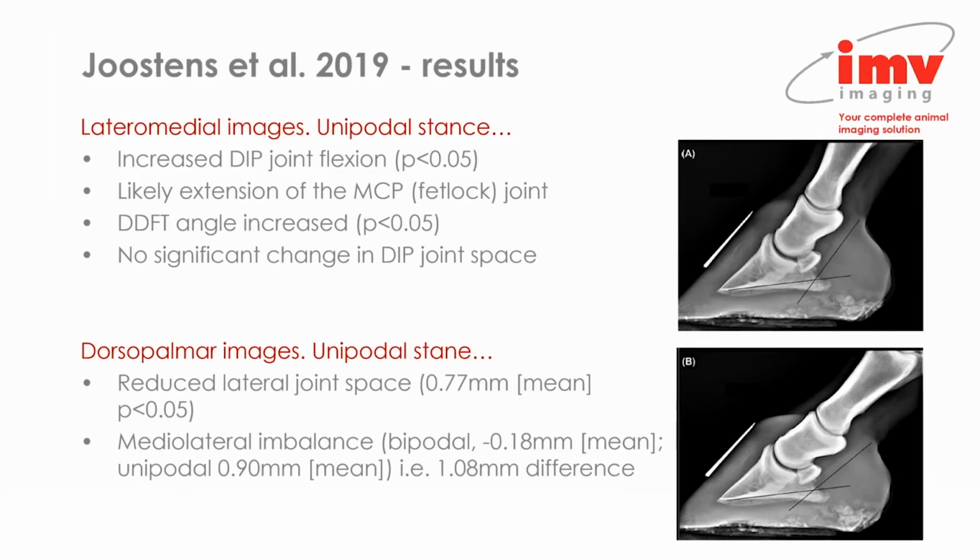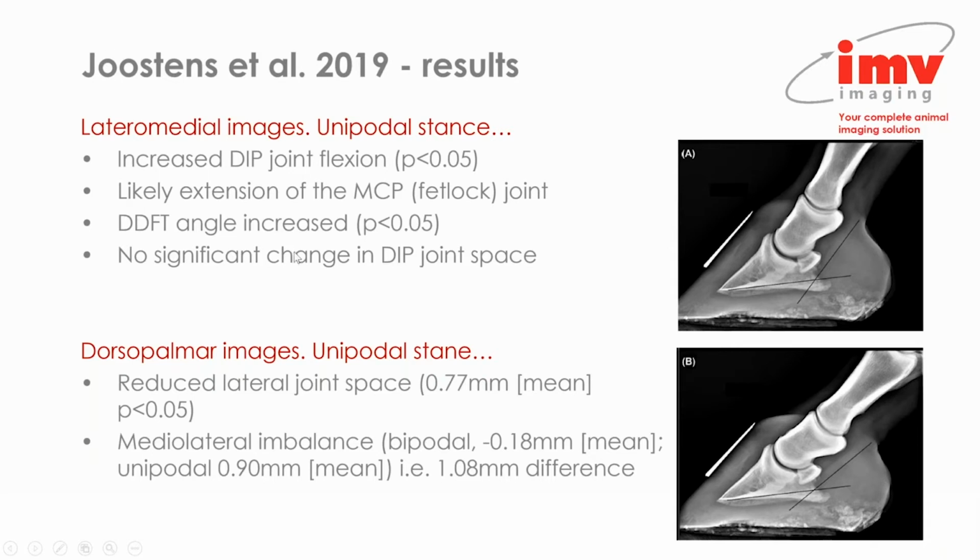So when evaluating lateral medial images, in comparison with a bipodal stance, having a horse with a unipodal stance, or the limb raised, led to a significant increase in joint flexion of the distal interphalangeal joint and a significant increase in the deep digital flexor tendon angle, which is the angle that the deep digital flexor tendon takes as it passes around the back of the navicular bone.